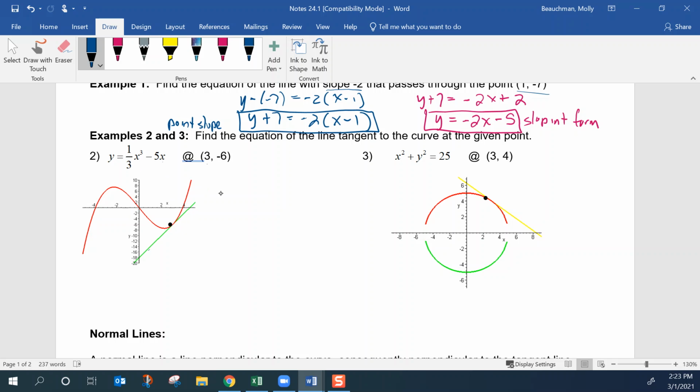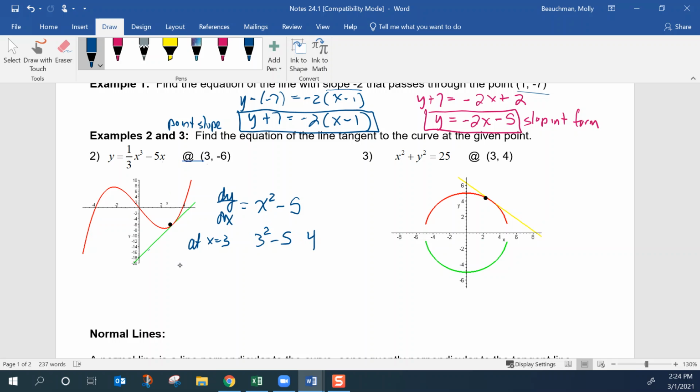To find the slope, take the derivative of your function: dy/dx is equal to 1/3 x cubed, apply the power rule, 3 times a third is 1, x squared. Derivative of minus 5x is minus 5. We want the derivative at x equals 3. So that gives us 3 squared minus 5. 9 minus 5 is 4.